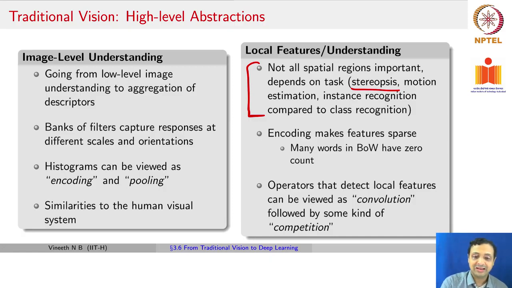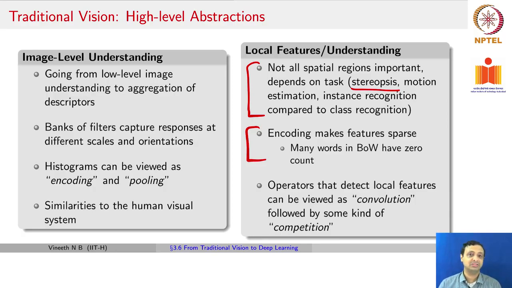We also saw that encoding using methods such as bag of words can make your image representation sparse. For example, if you had, say, 10 cluster centers in your k-means for bag of words, it's possible that one of your images may have had only features belonging to 3 of those cluster centers.